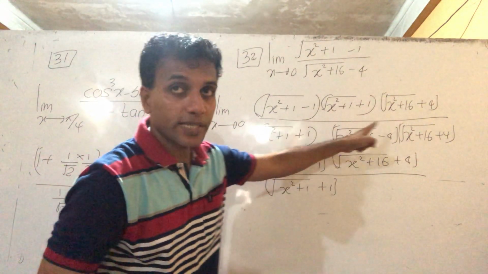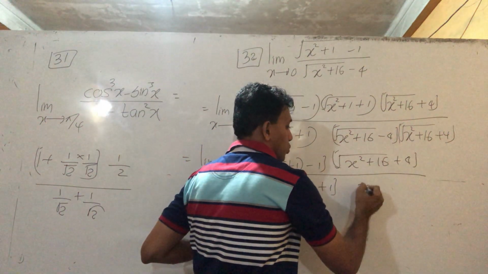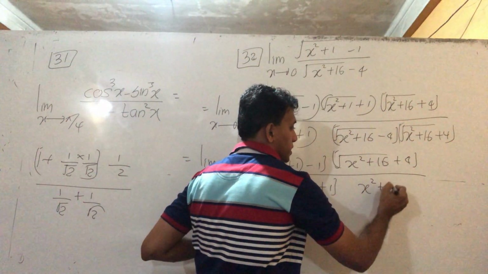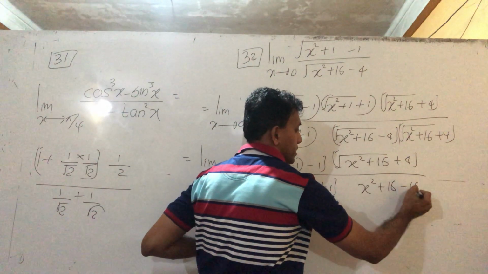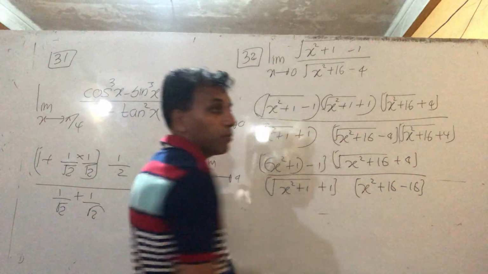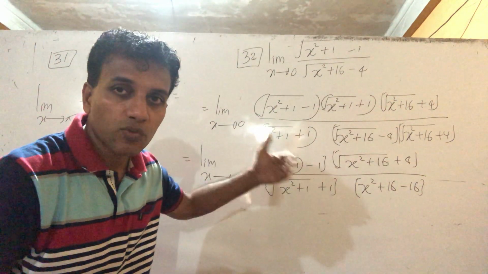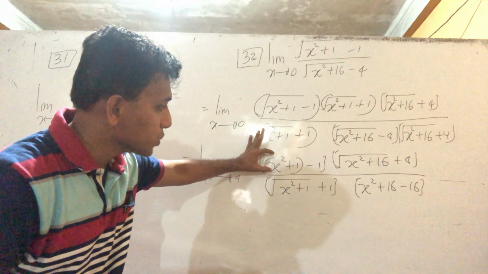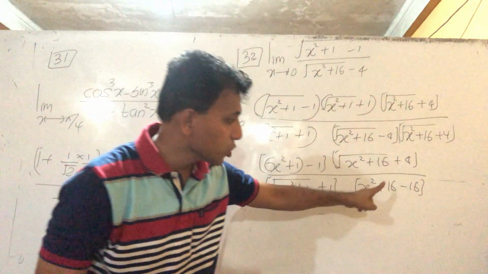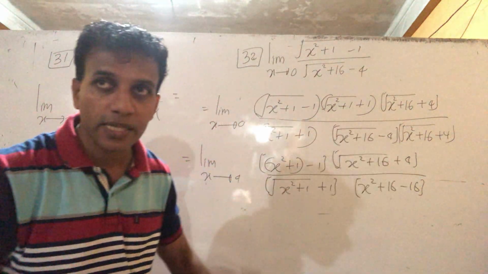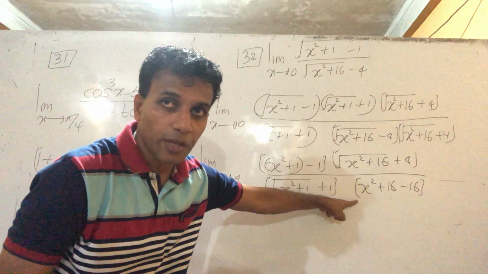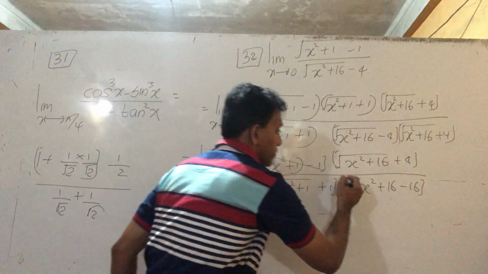Here use the factorization. X square plus 16 minus 16, is it a square minus b square form? And now see here, plus 1 minus 1 cancel. Here x square remaining. See also plus 16 minus 16 cancel. Here x square remaining. So what happened? That is cancelled.